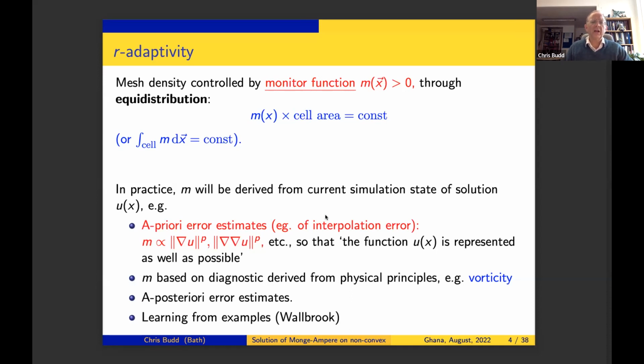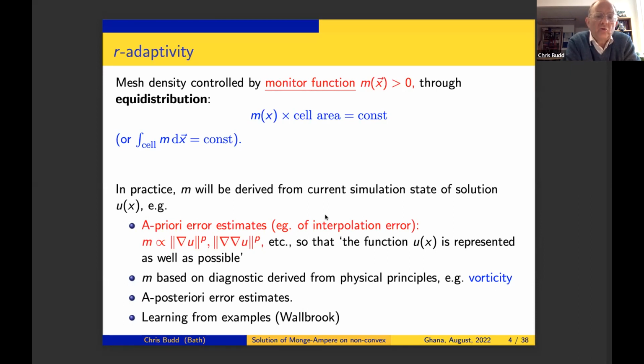Another method is to look at the underlying physics of the problem. So a lot of my own work is done in meteorology, and ask any meteorologist what they want to preserve and they'll tell you vorticity, always vorticity. So it's reasonable to have your mesh concentrated where the vorticity is large, so you'd make M the vorticity.